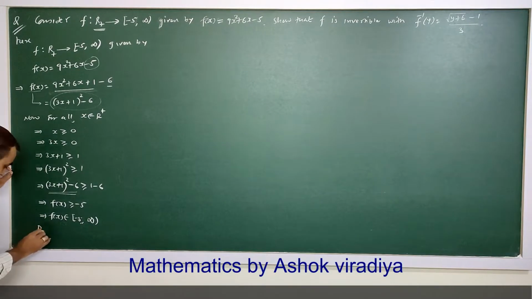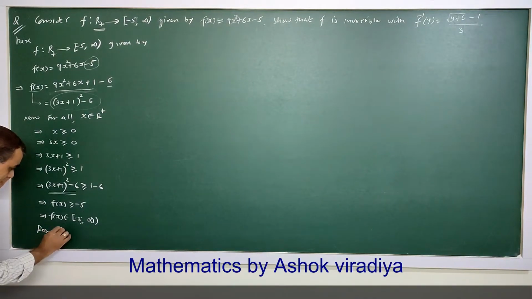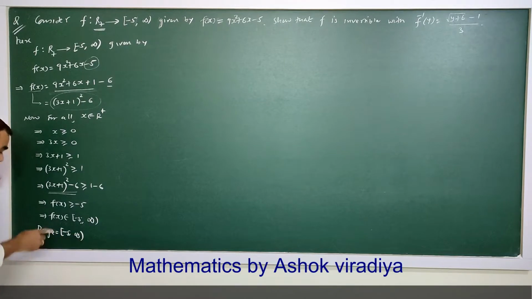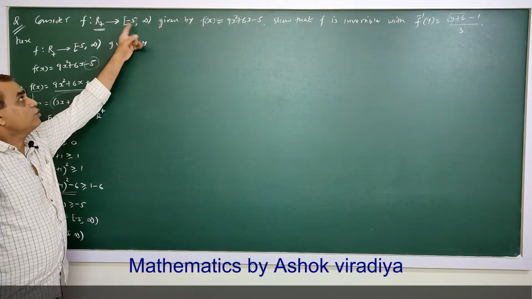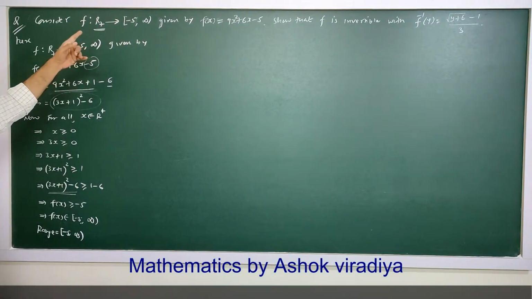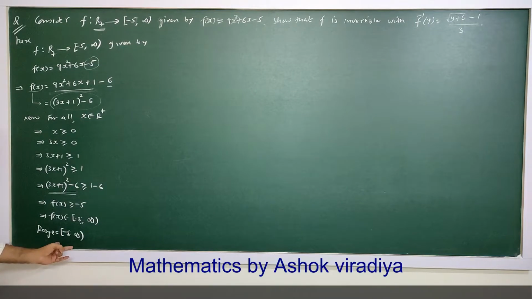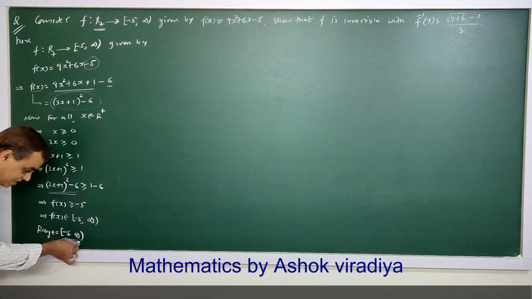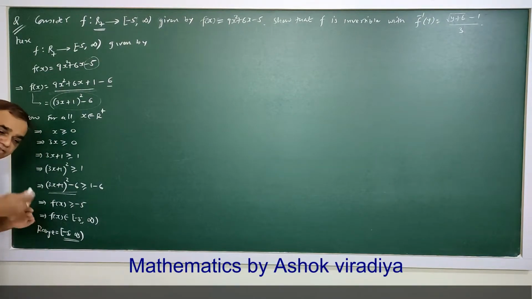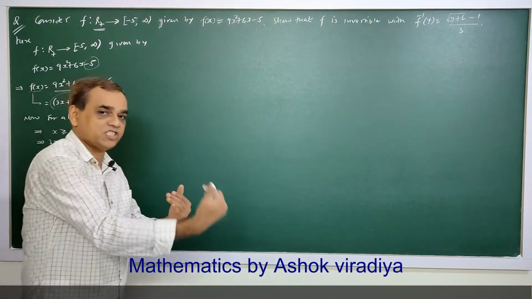So the range is the closed interval minus 5 to infinity, which is the same as the codomain. So the codomain of the function is itself the range of the function. That's why this set, which is the range of f, we will take as the codomain of g.